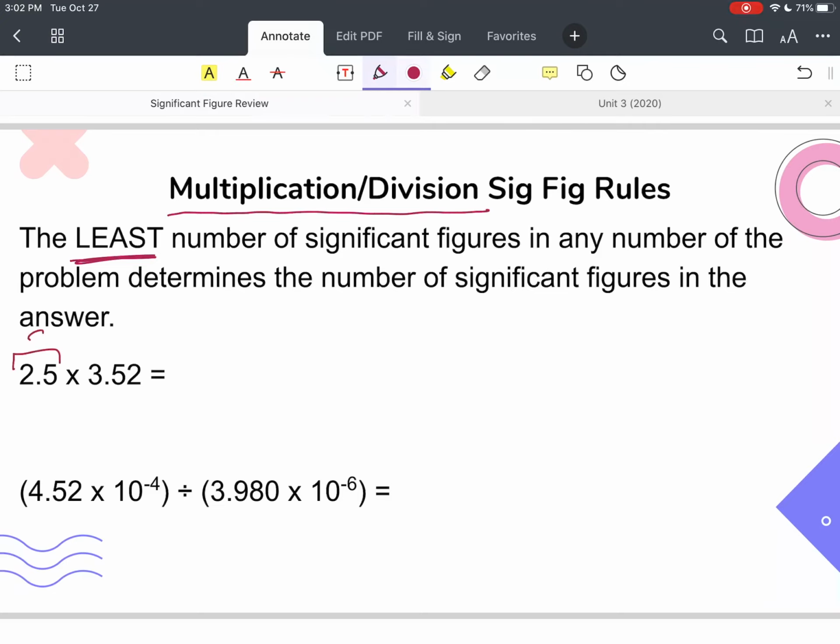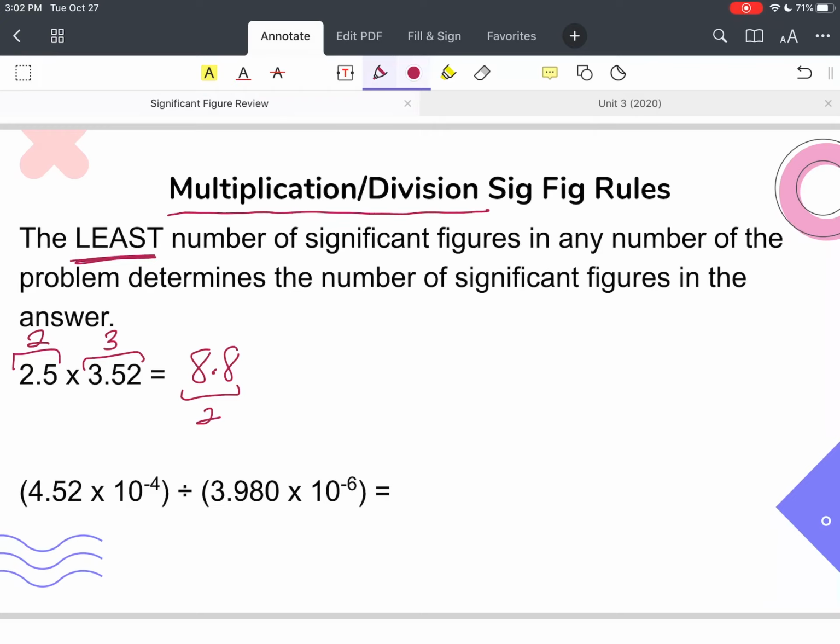So here I have 2, here I have 3 sig figs. So when I type that in my calculator, I want to make sure that my answer only has the least, 2. Okay, so I get lucky with this one. It's just 8.8. I don't even have to do any rounding. This has 2 sig figs.